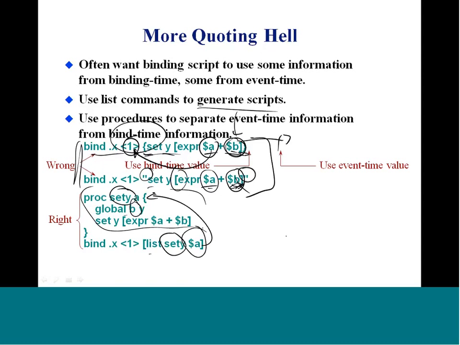In order to do that, we need to pass it into a proc, and the proc is always constant on the event time, which tracks the event time. Now when you pass the bind time value into the proc, you can get the correct answer, and that's what comes out as the value for y, and then you can continue that event mode further down.